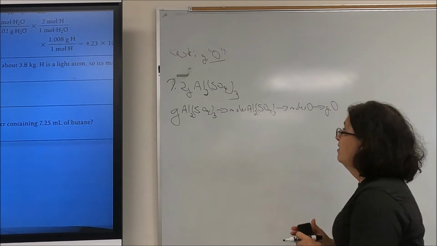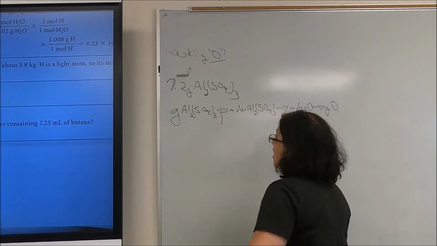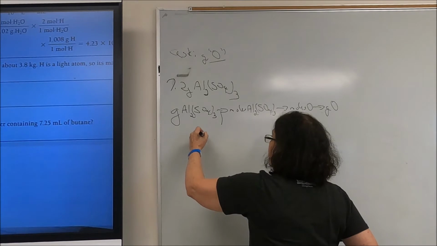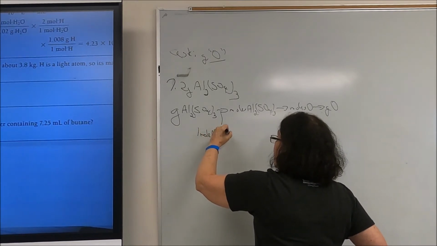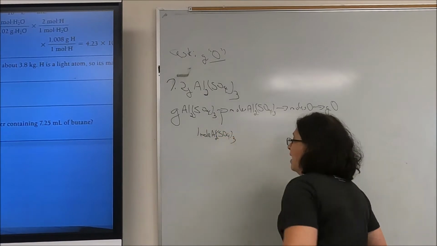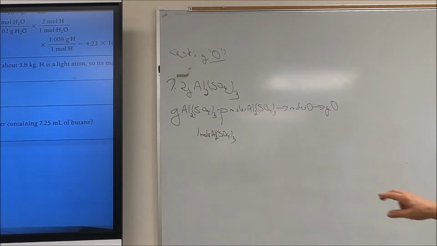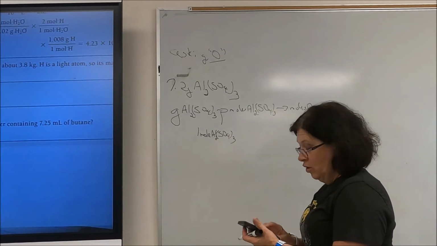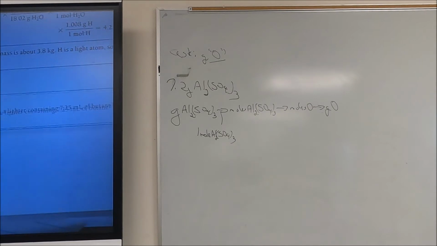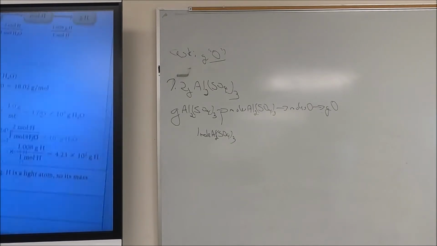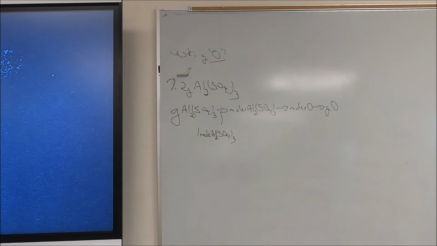It's critical, guys. So right here, I need to get the molar mass of aluminum sulfate. So 1 mole of Al2(SO4)3, taken 3 times. Let's start adding things up. I've got 2 aluminums, so 2 times the molar mass of aluminum. And guys, I'm using the periodic table at the front of your book.